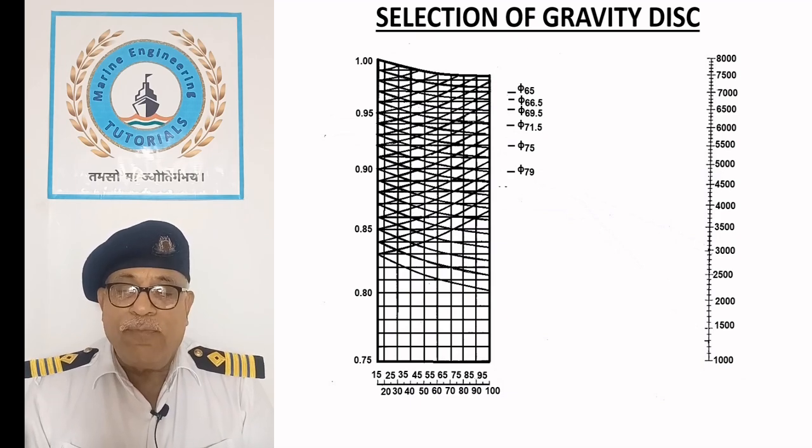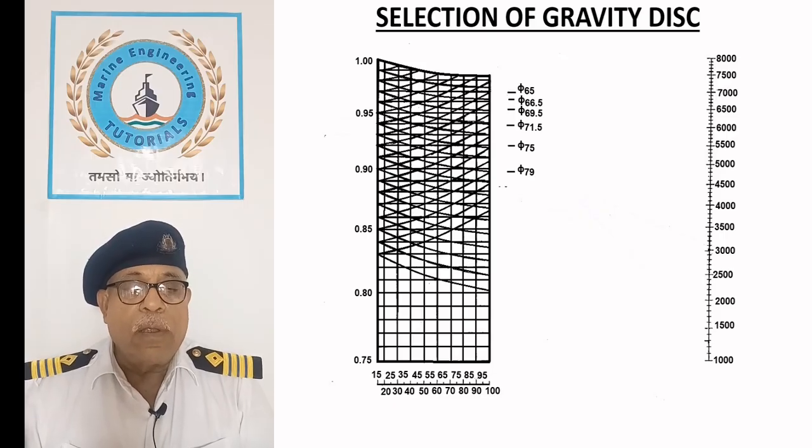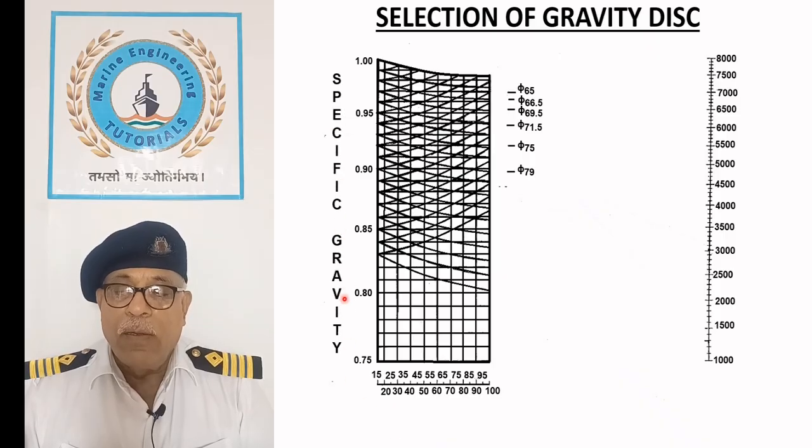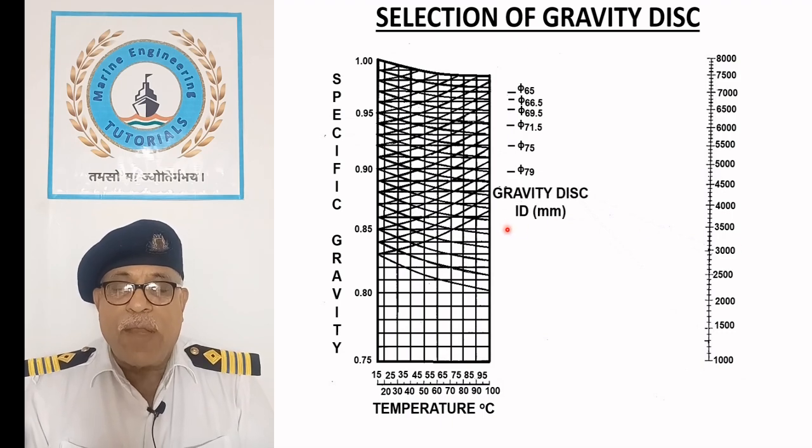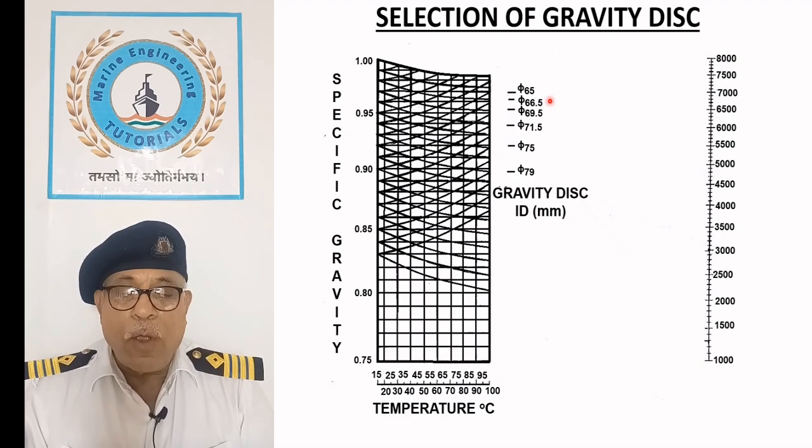Usually, a nomograph, as shown in the sketch, is provided by the manufacturer which specifies specific gravities of oil on the ordinate. Oil temperature in degrees Celsius on the abscissa. Inner diameter of gravity disk in millimeter on the ordinate.